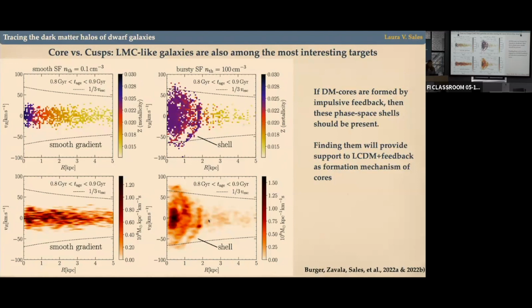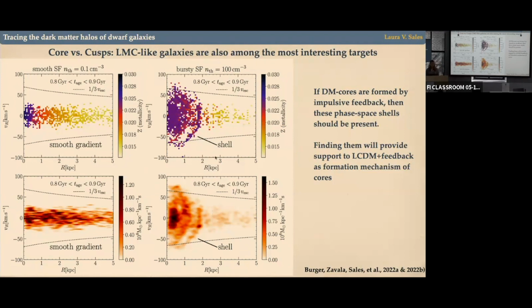So we're kind of excited to bring this up to observers that can help us see whether these signatures are there. Of course, the ideal population, or the ones for which the data exist, is the dwarf spheroidals in the Milky Way, but those are quenched. So we need to catch this within, these shells will dissipate in 1 or 2 gigayears.